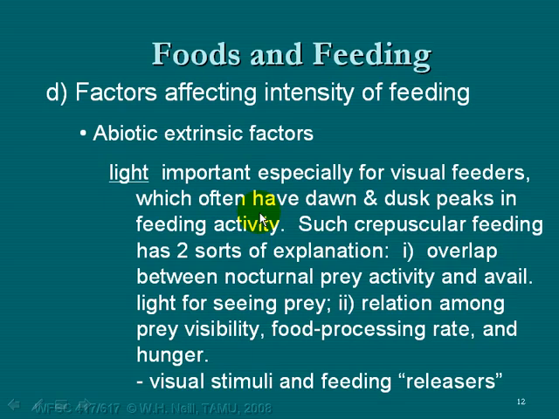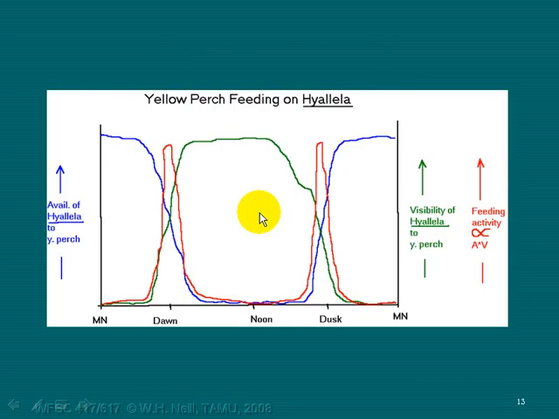I've got something to say here about visual stimuli and feeding releasers, but first I want to say something about Bob Mullins. That's the guy that did this work, my colleague back in graduate school, yellow perch feeding on Hyalella. And so what we've got is that the more light there is, the better you can see the Hyalella. But Hyalella tend to stop being zooplankton and start being attached herbivores grazing on aquatic plants when the sun gets up.